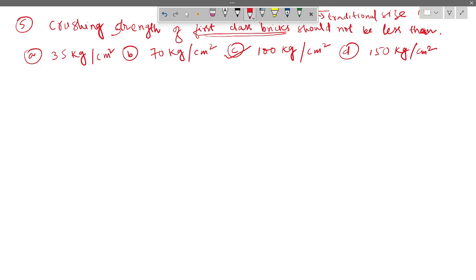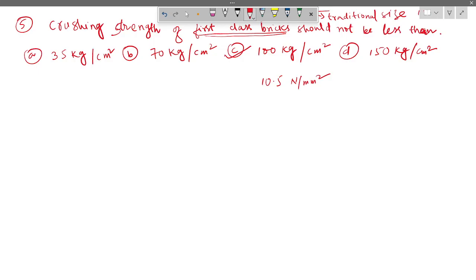If you ask in Newton per millimeter square, the answer will be 10.5 Newton per millimeter square.